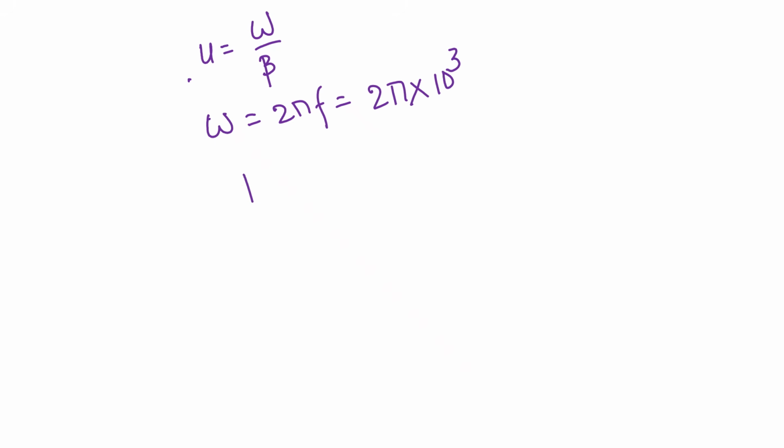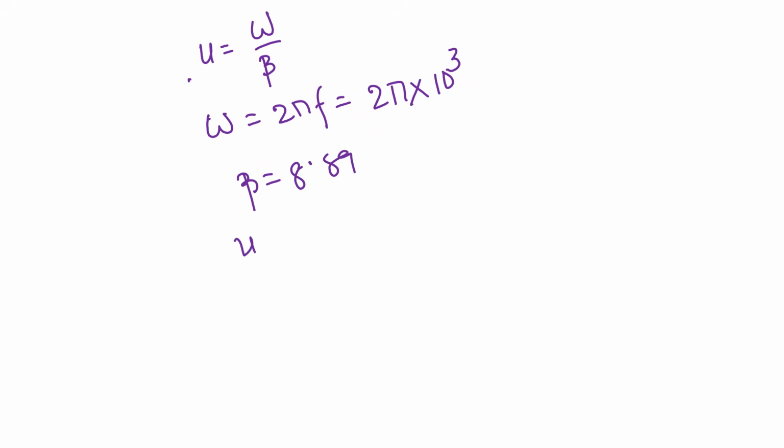Now once alpha and beta are calculated, the final task is to calculate the wave velocity, which is u equals omega by beta. We have omega equal to 2 pi f, which according to the question is 2 pi into 10 cube, and the beta value we just got from the propagation constant is 8.89.